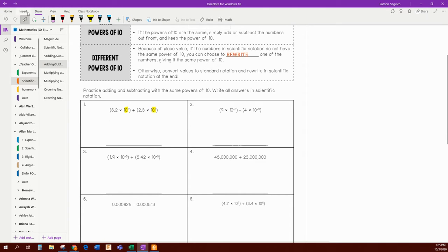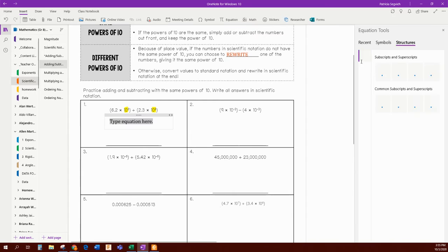I'm going to go into my insert and put my equations over here. I'm going to start with parentheses. We're going to go 6.2 plus the 2.3, our first factors. And we're going to take that, and that is all going to be multiplied by 10 to the 8th.